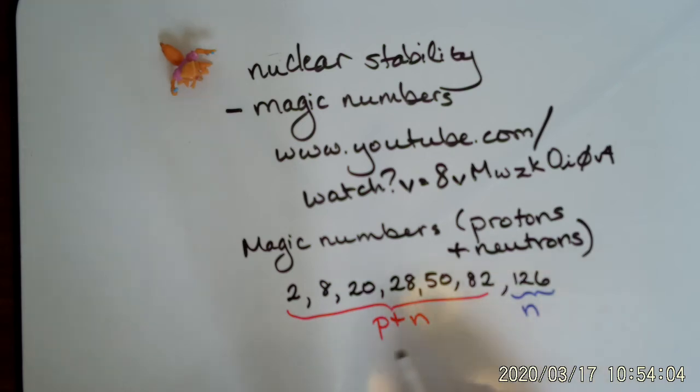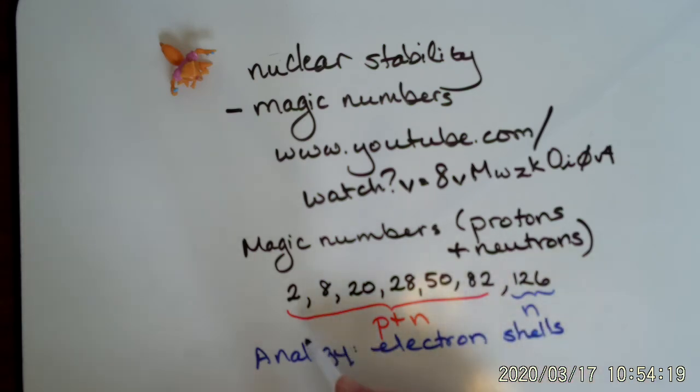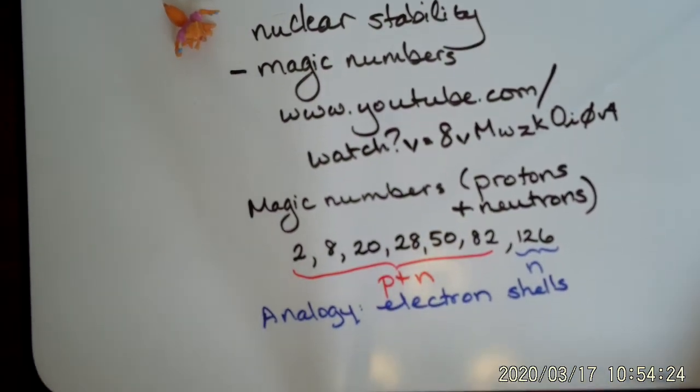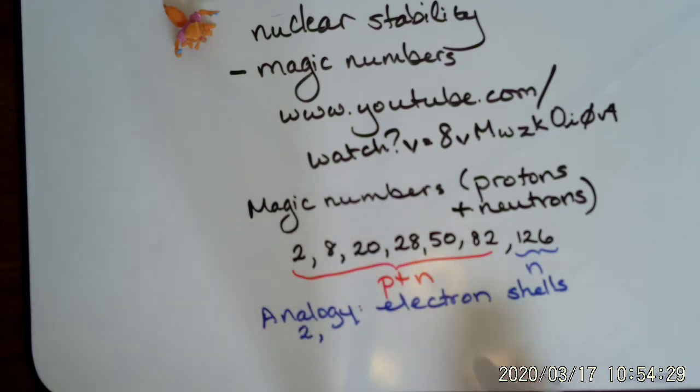And if you want to do the analogy, let's give you an analogy. If we look at our electron shells, remember, row 1 contains only 2 electrons. Row 2, basically we have 8 electrons. We have the 1s2, but then we have 2s2, 2p6.